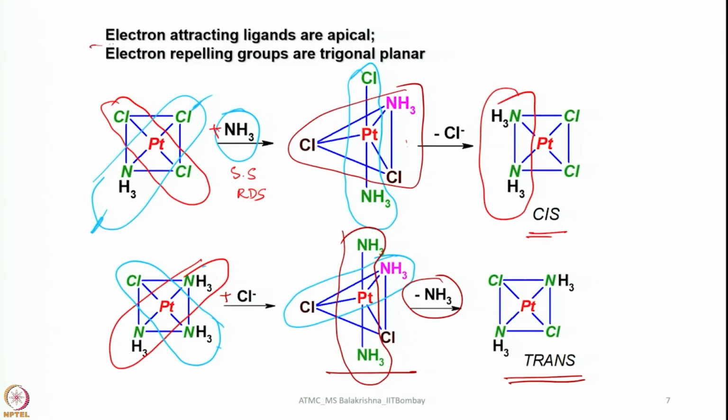What is important is this one should remember. When we are generating an intermediate having coordination number 5 with trigonal bipyramidal geometry, electron attracting ligands are apical and electron repelling groups are trigonal planar. We should not take the meaning literally. Among the pair of ligands, we should see which are electron attracting and which are electron repelling.